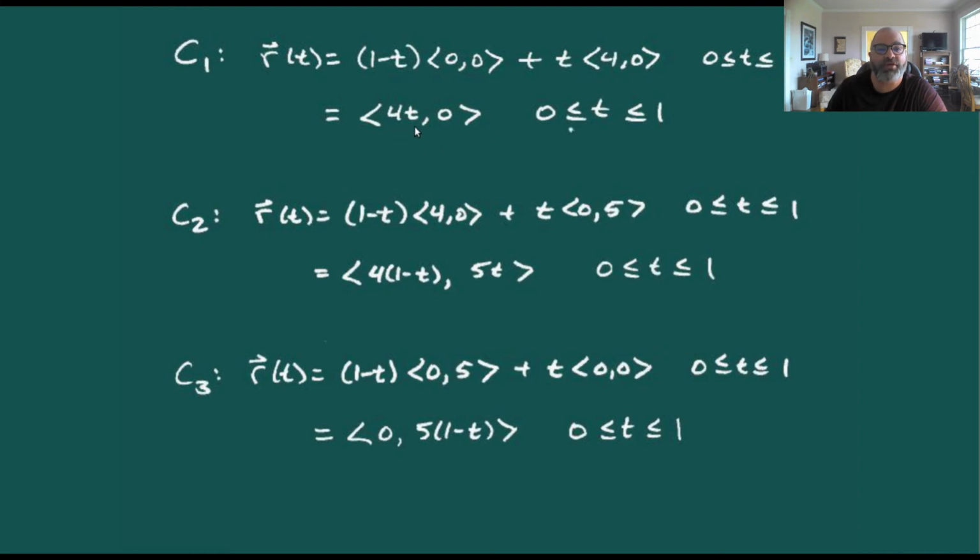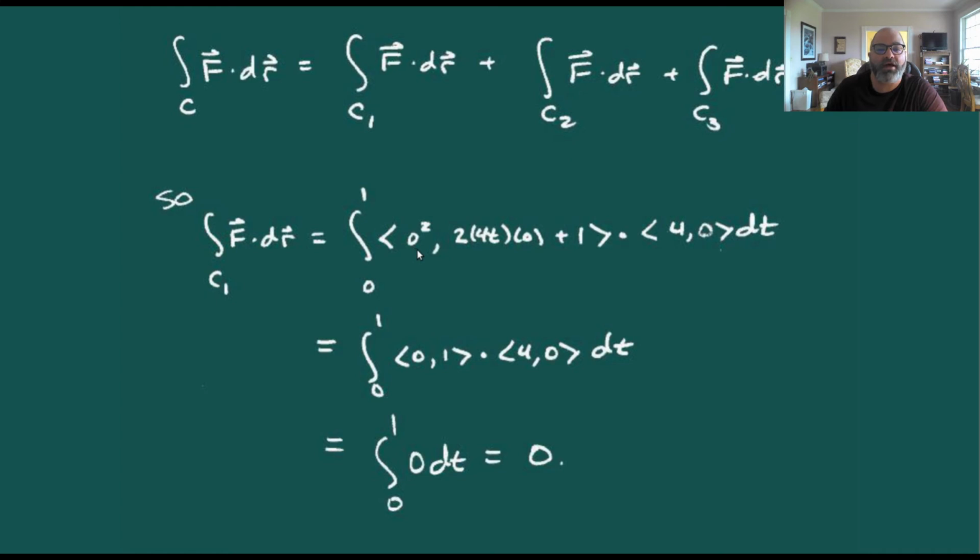So x gets replaced with 4t, y gets replaced with 0. In our vector field, we get this expression dotted with (4, 0) for our derivative, and that's going to give us (0, 1) dotted with (4, 0), or 0 dt. So that one's 0 automatically.